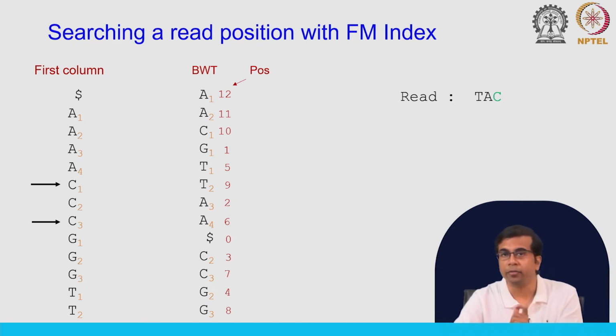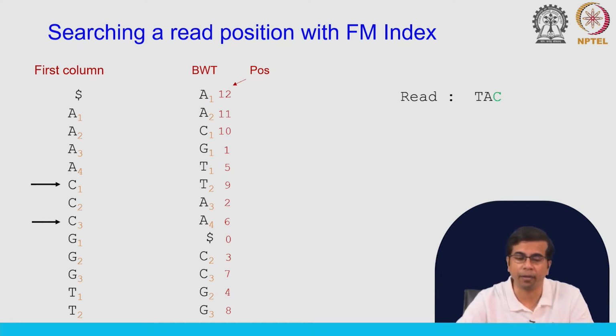Now we will remember the string rotation that we did to generate this Burrows-Wheeler transform, as we discussed before. String rotation means the letters in the last column, corresponding to these letters, represent the letter that occurs before this letter in the original string. Let us take an example.